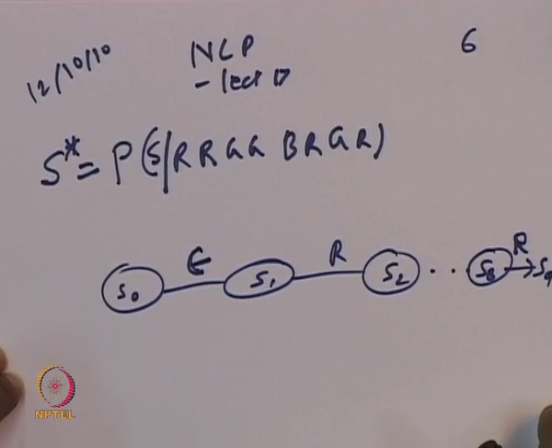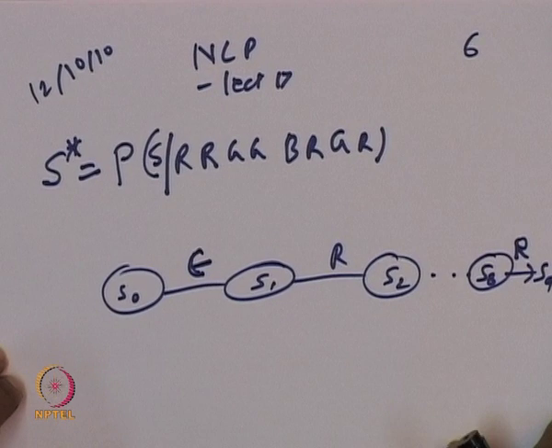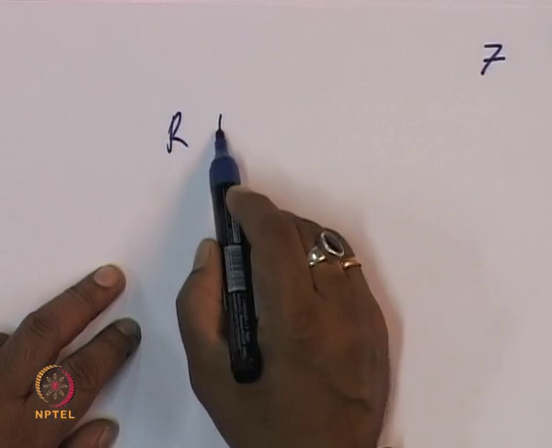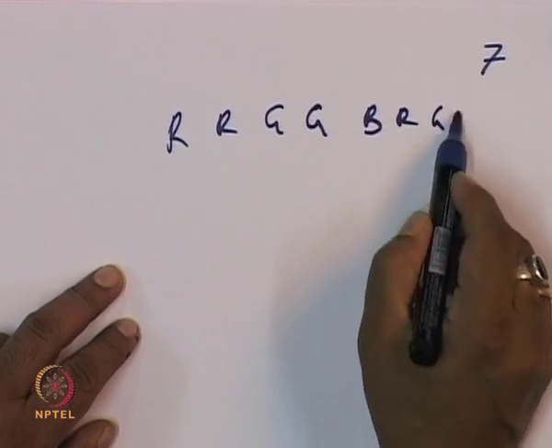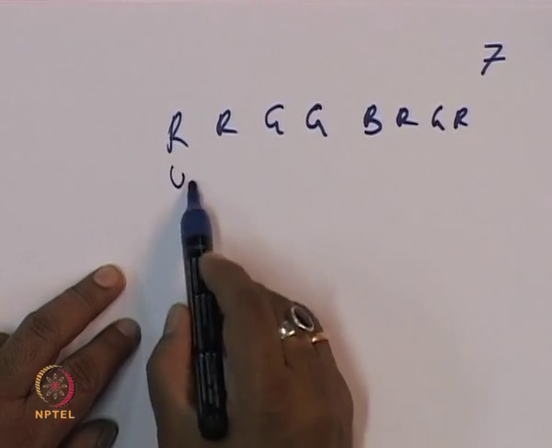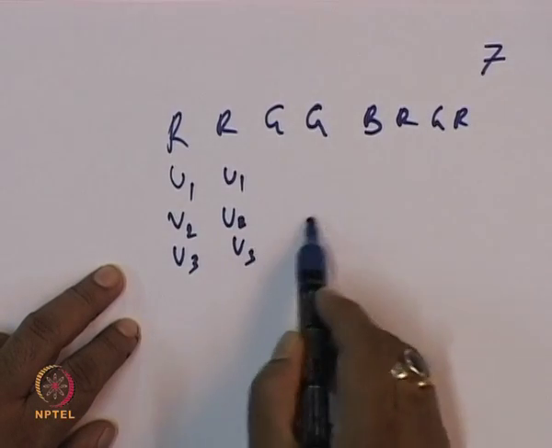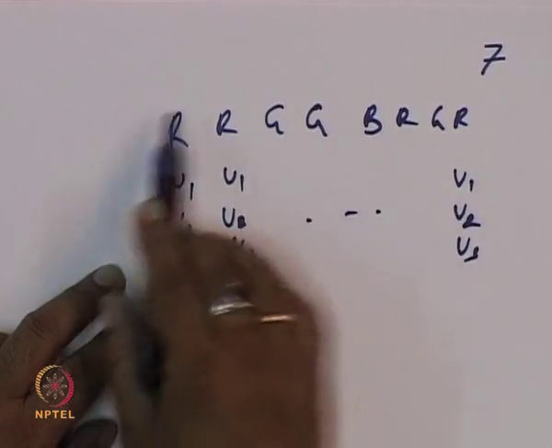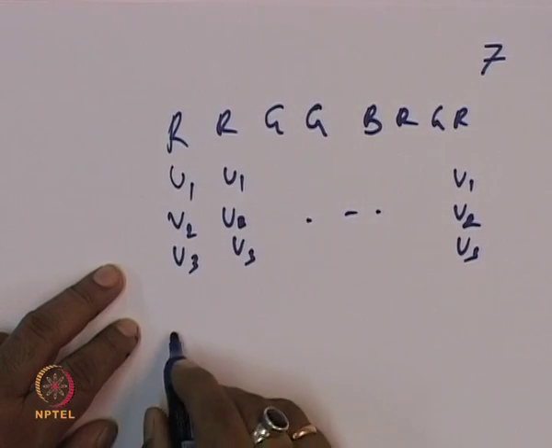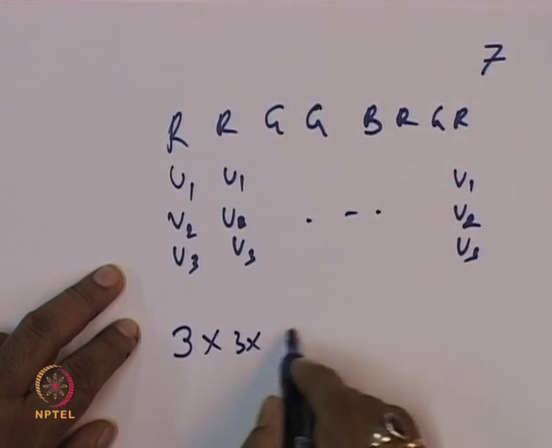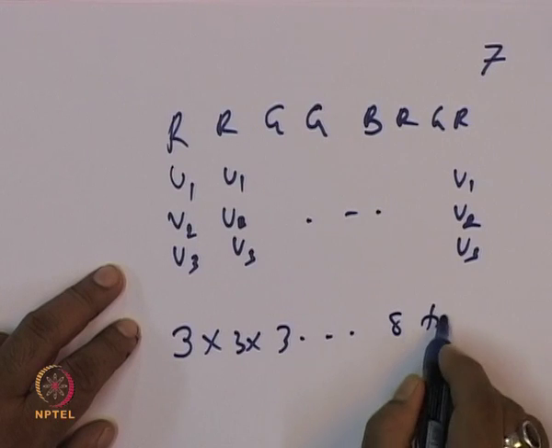So, this corresponds to the following search configuration. If we do not have any restrictive influence and we produce the state sequence for this, which is U1, U2 or U3, then the number of possibilities are 3 into 3 into 3, 8 times.